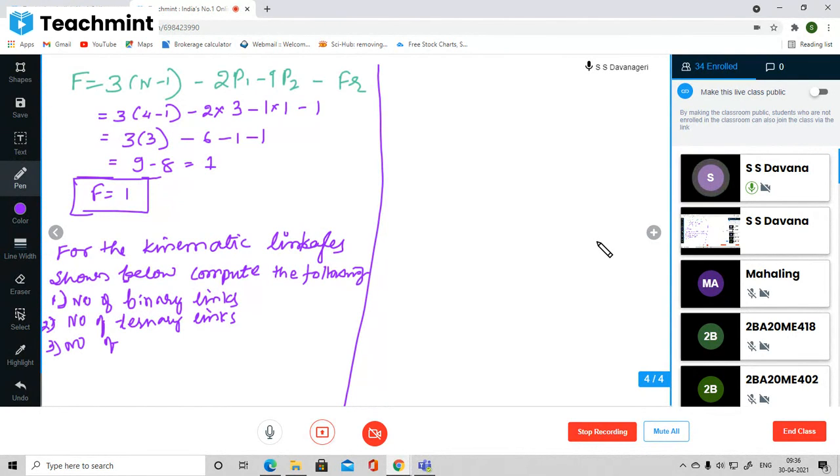Number of other links, that means quaternary and so on.